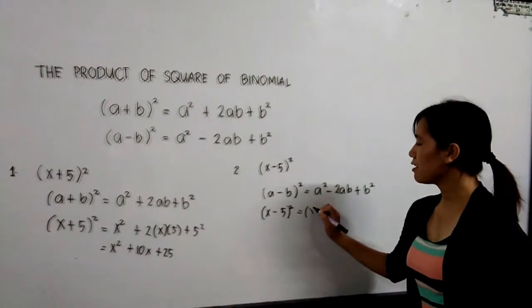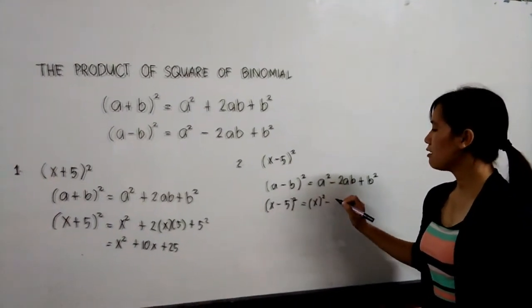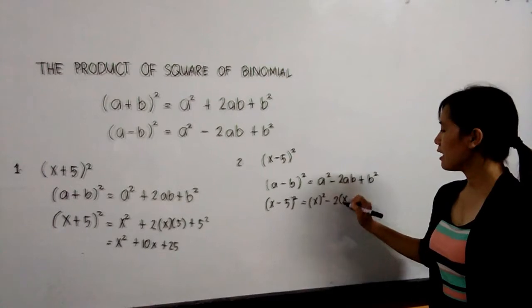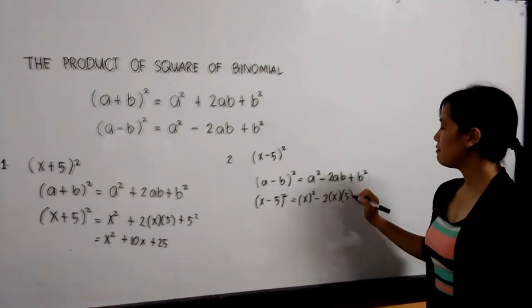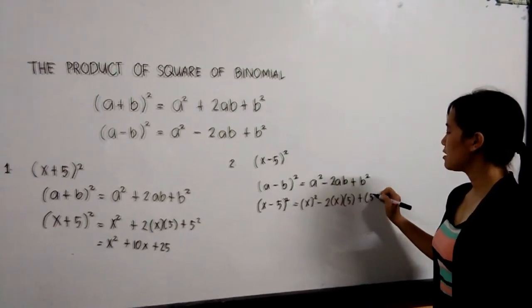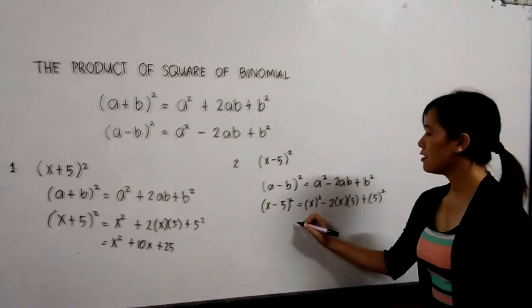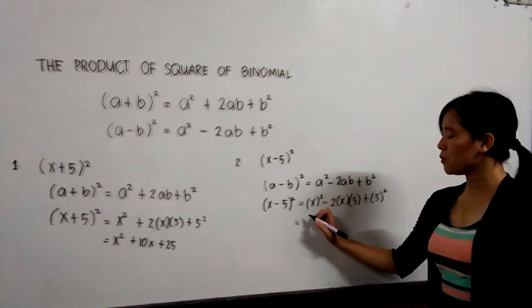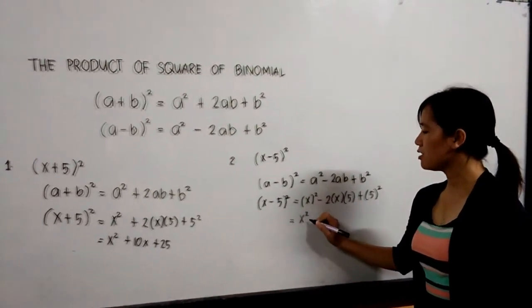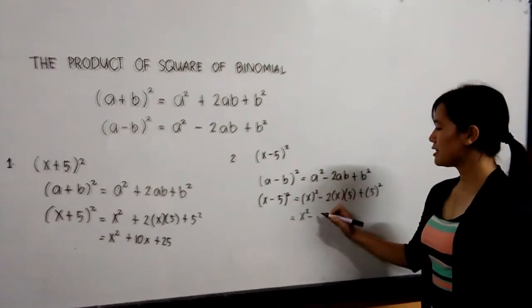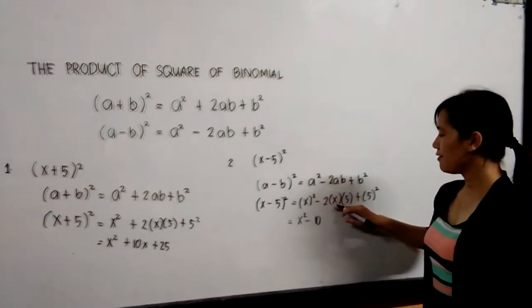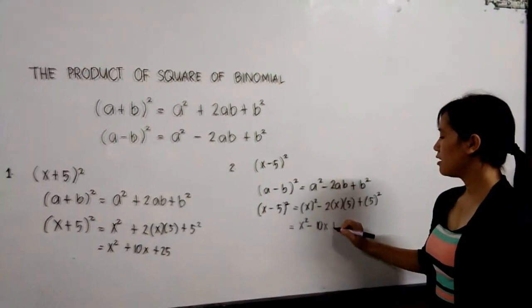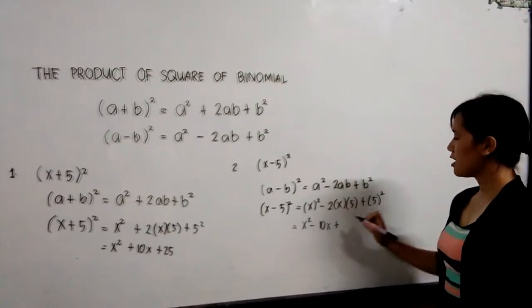So we have here x squared, minus 2 times x times 5, and plus b squared, 5 squared. Now simplify the expression that we had. x squared, 2 times 5 is 10, and we have x. 5 squared is 25.